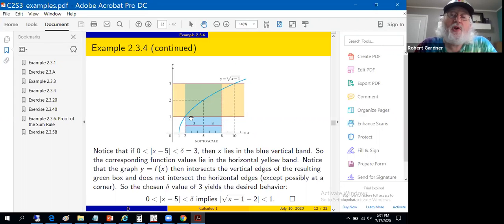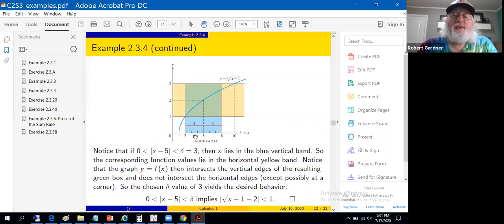I get the graph of the curve to lie within that yellow band. And we'll work these in this way, choosing the smaller of the deltas on either side. I could go further on the right and we'd still have the function lying inside the band. I can't go further to the left. If you go any further than that, you start getting values of the function that are outside of the yellow band, points on the curve that are outside the yellow band.